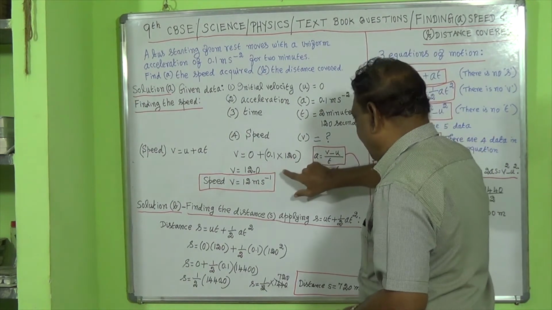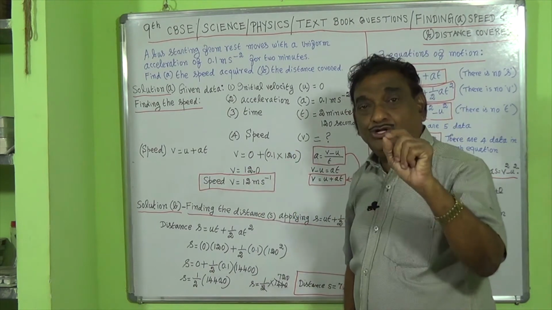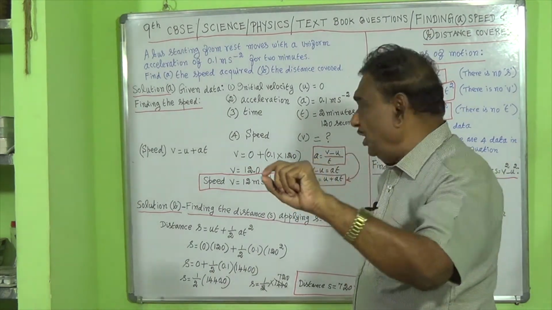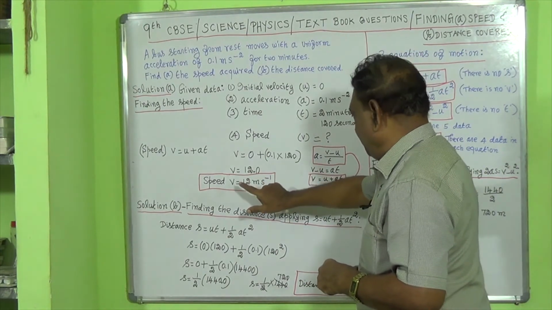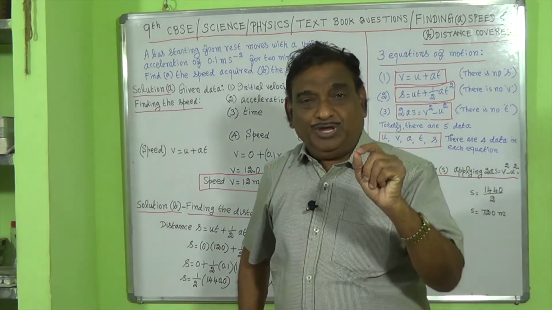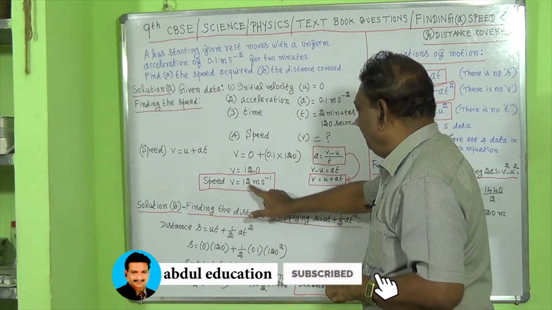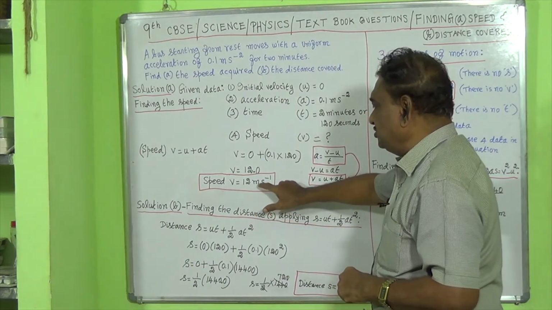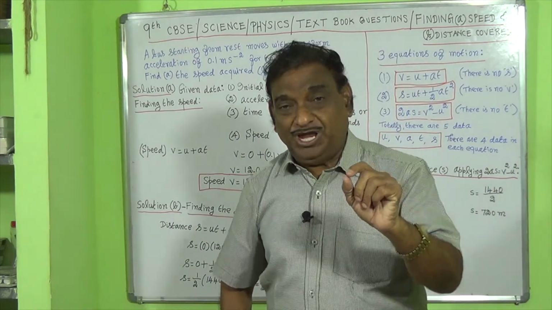Thereby we will get 0 plus 0.1 into 120. 120 into 0.1 equal to 12. That is the final velocity, the speed asked, v equal to 12 meter per second. What is this meter per second? This is the unit of speed.